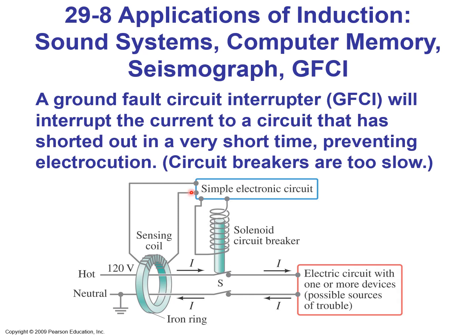So here we have a simple electronic circuit connected to a sensing coil and also connected to a solenoid circuit breaker. And the circuit breaker can turn the switch on and off to prevent electrocution.